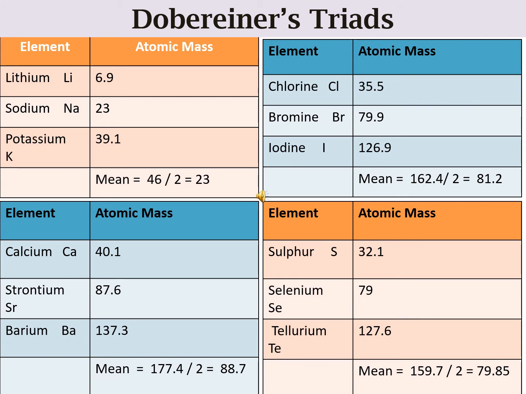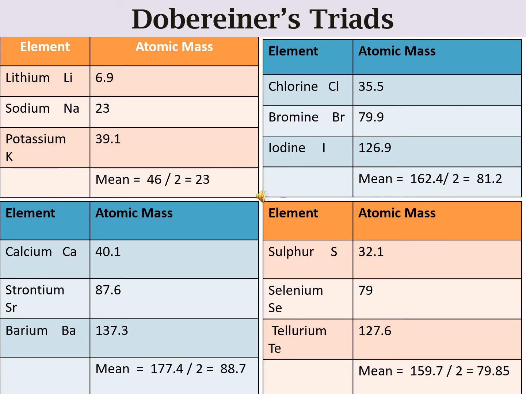Okay. So one of the properties that we can easily remember is that lithium, sodium, potassium are all 3 metals. Another concept that you have studied in 9th standard is that of valency. Valency is determined by the number of electrons present in the valence shell of an atom of an element.